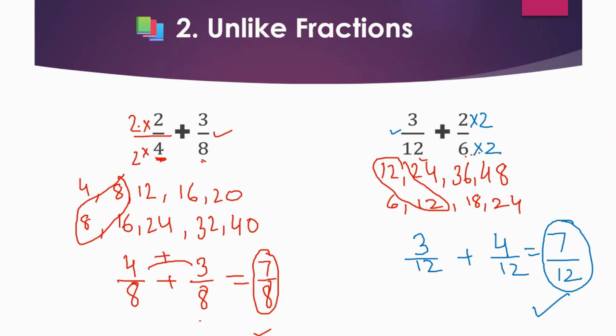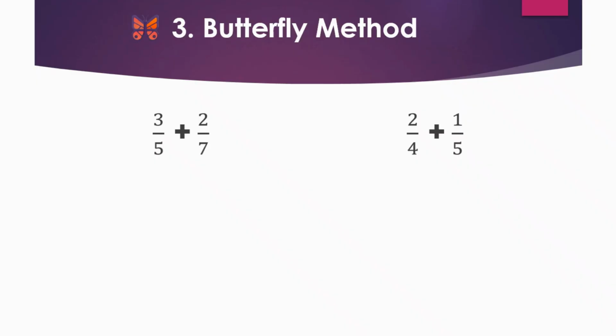Let's move on to the next one. This is the butterfly method. The butterfly method of adding fractions is just cross multiplication. You multiply the numerator of the first with the denominator of the second: 3 times 7 is 21, plus the other way, 5 times 2 is 10.